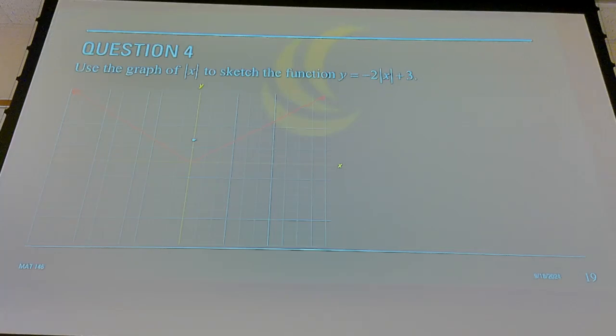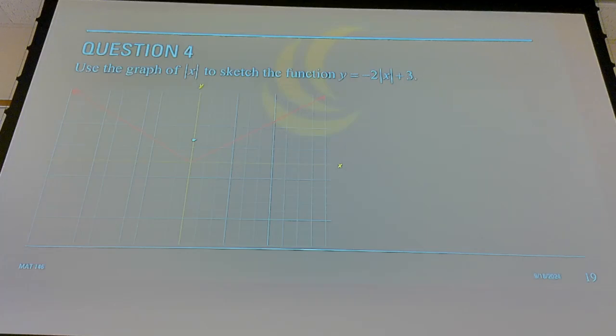This is where the stretch becomes. So it's being stretched by a factor of 2, and it's going to be upside down. That means all of the output values get doubled.